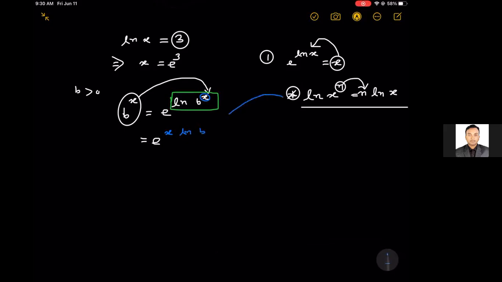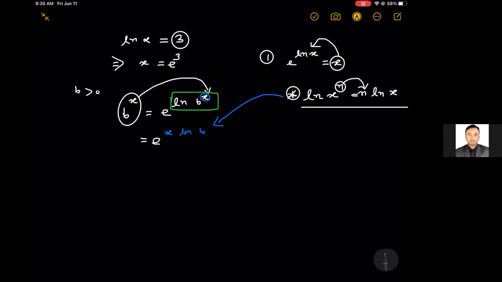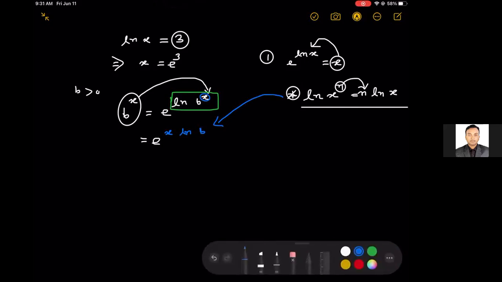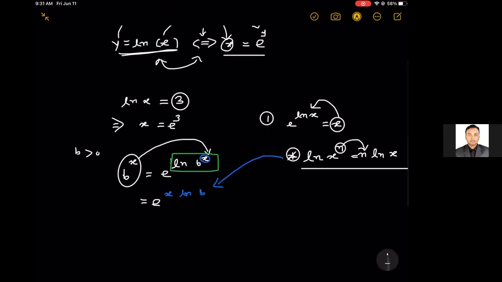I'm just using this property here. Do you agree? Any question from this? Again, this is not calculus. We're still working on some of the properties of logarithms and exponentials.